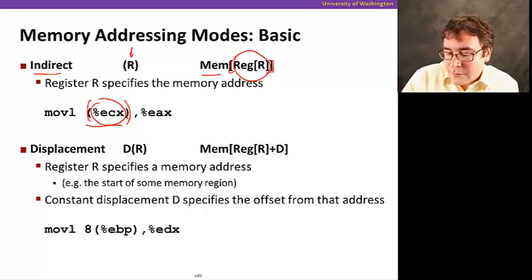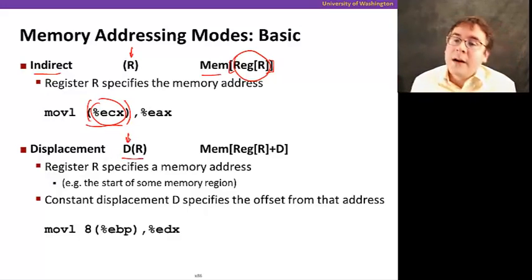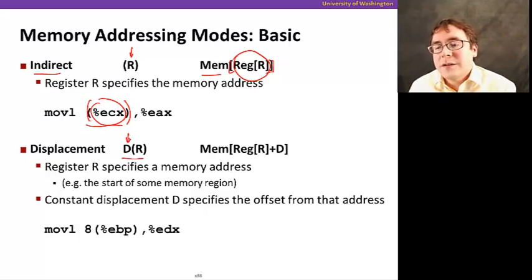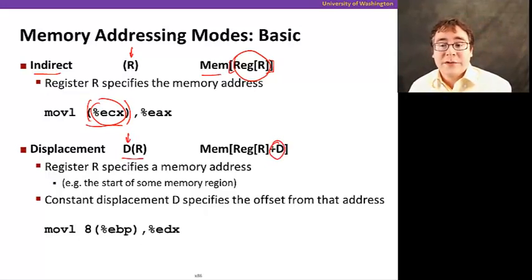The other type of addressing mode is called displacement. The way we specify this, we have a constant outside our parentheses, and all it does is add that constant to the base register.